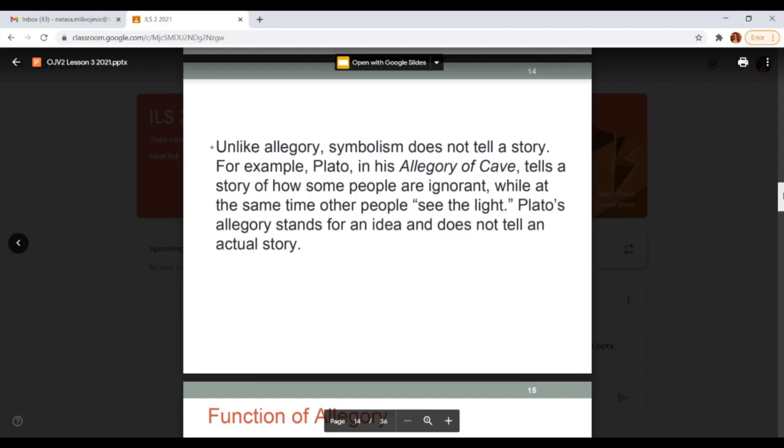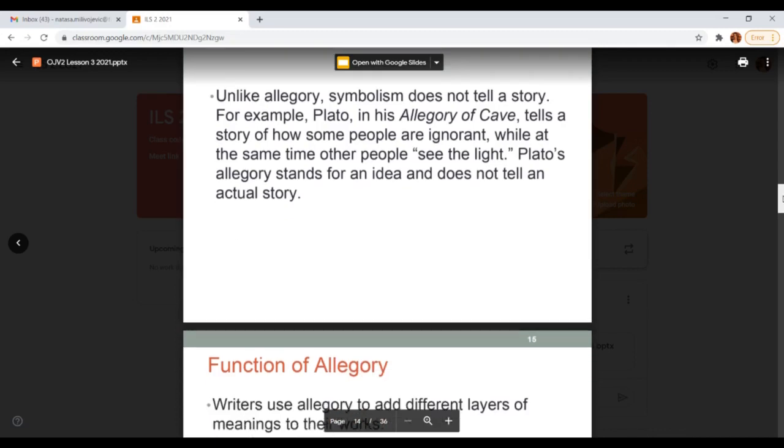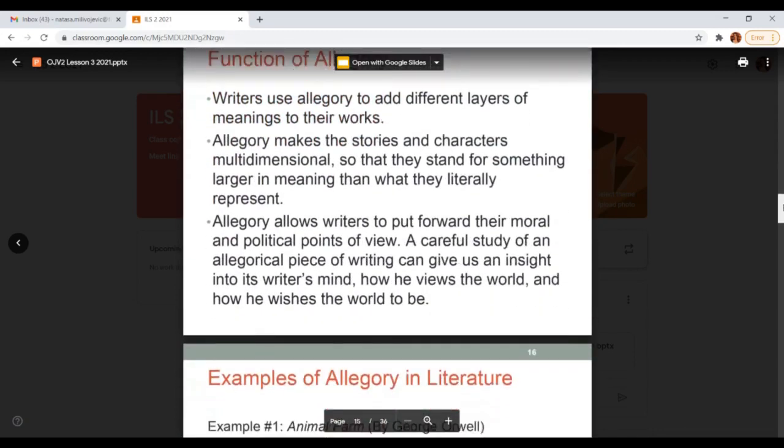And his allegory stands for an idea, which is also a leitmotif, which is recurrent, so repetitive in the story. So every time that you come across it, it symbolizes the same thing. In that respect, it is static, and it's a representation which is recurrent in the story, but it's not a narrative, so it doesn't really tell the story.